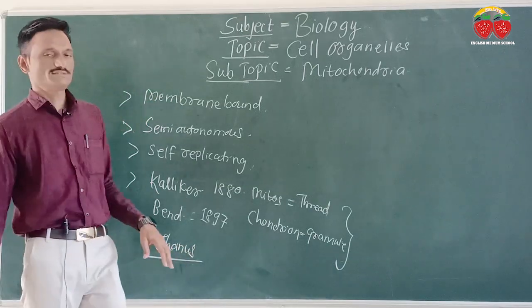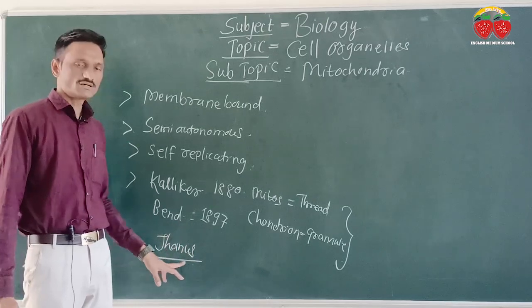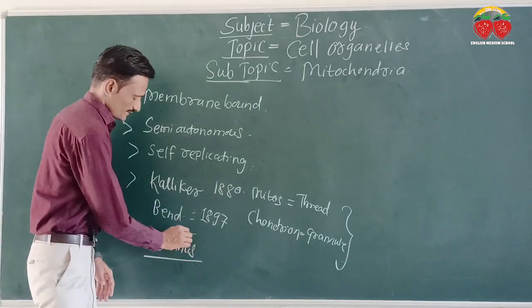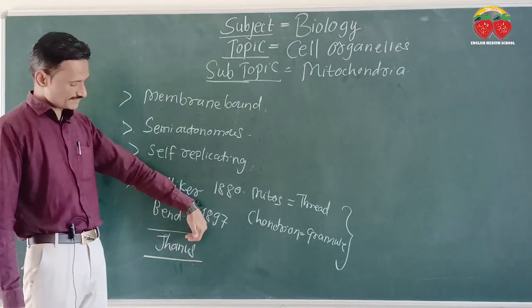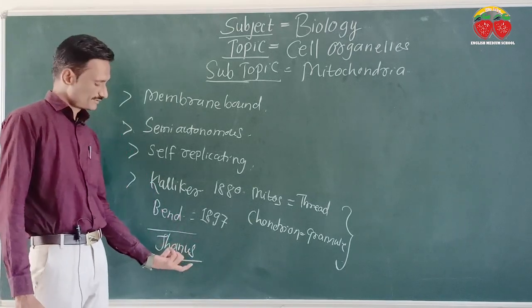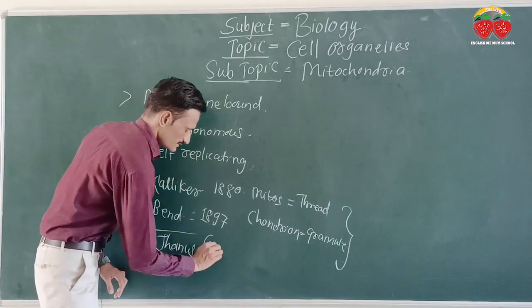Through Janus green, it is seen under the light microscope, and the name of this stain comes from the person who developed that stain, which is green in color, and the name of the person is Janus. That's why it is well known as the Janus green stain.